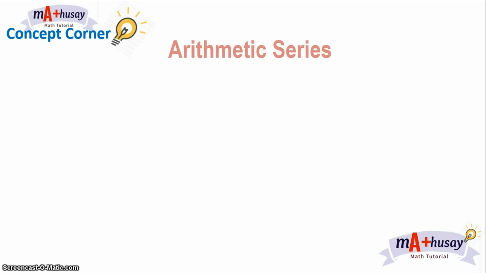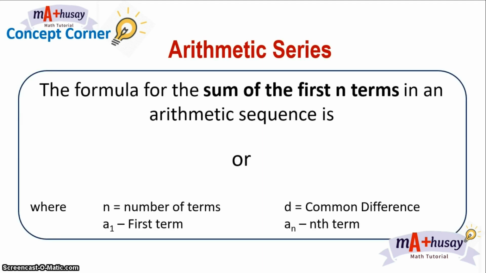So, here are the two formulas for arithmetic series. S sub n is equal to n over 2 times the quantity of the first term plus the last term. This formula can be used if you know the first term, the last term, and the number of terms in the sequence.